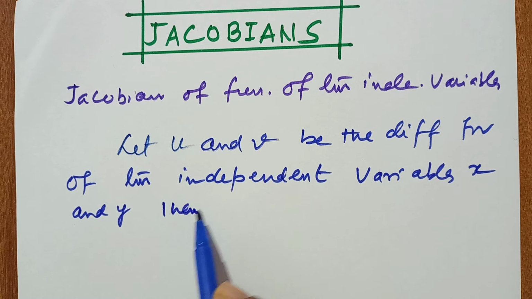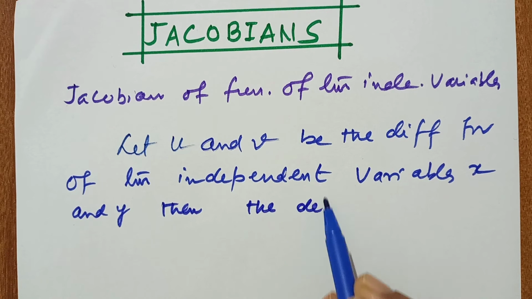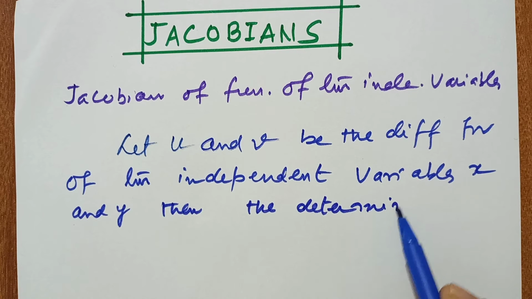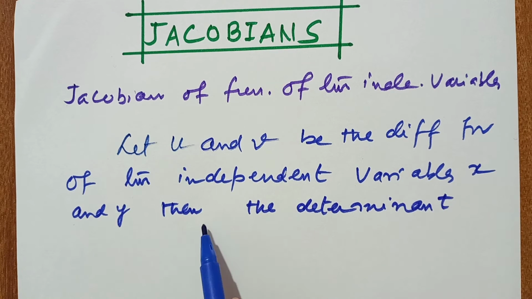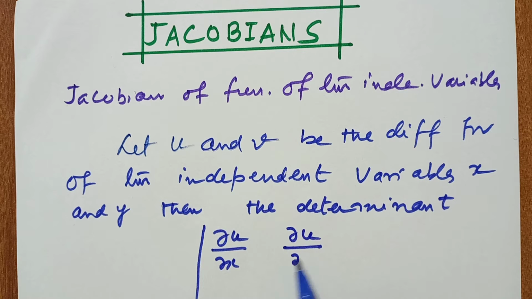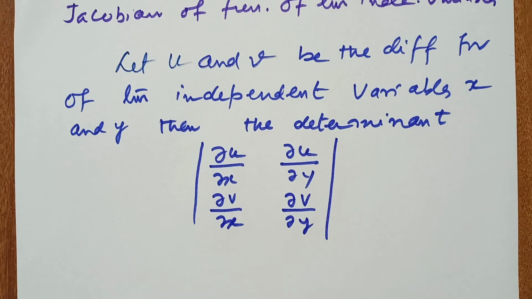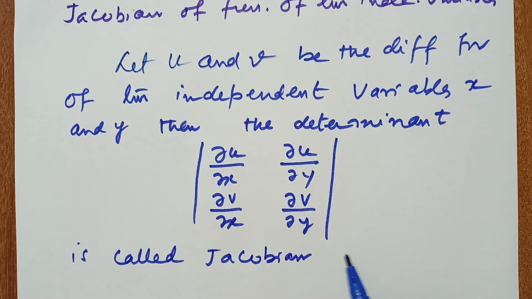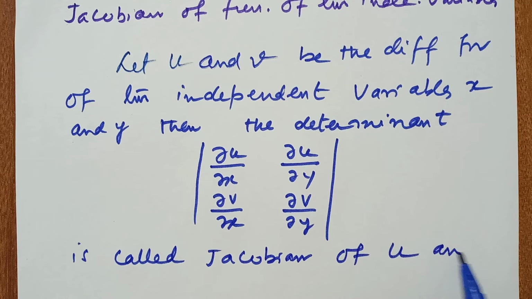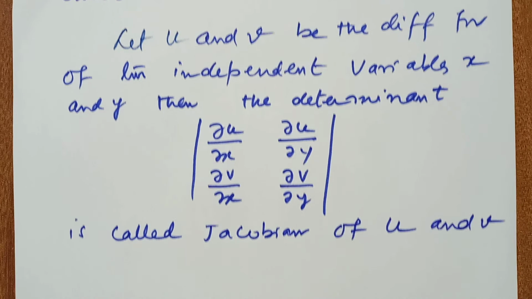Then the determinant with first row del u upon del x, del u upon del y, and second row del v upon del x, del v upon del y, this thing is called the Jacobian of u and v with respect to x and y.